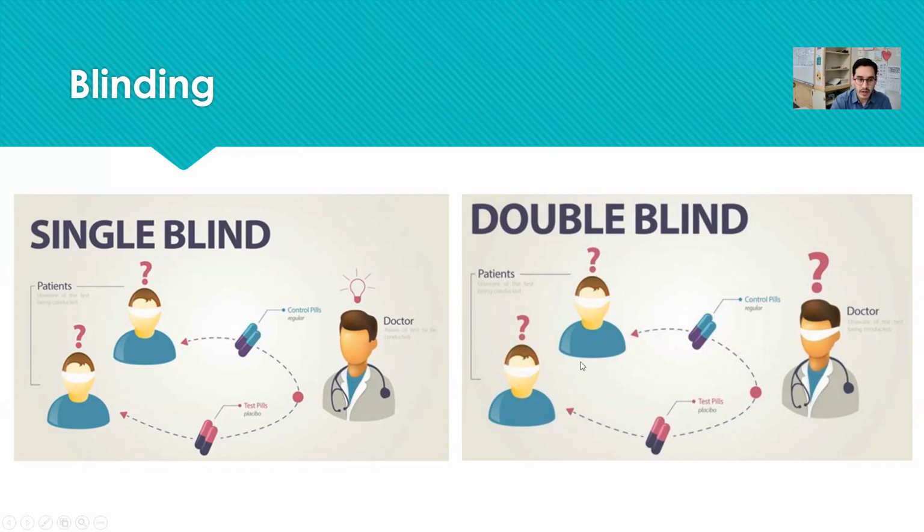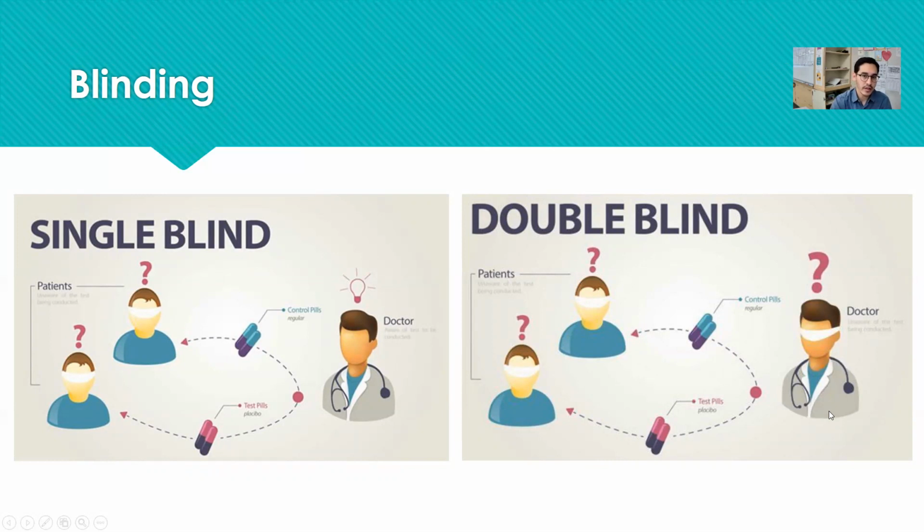Now, double blind is when the subjects are unaware of which treatment they're receiving, but also the doctor or the other people, the team working on the experiment, don't know either. The reason for that is because sometimes there's a doctor or a nurse or somebody who has to evaluate the patients, right?